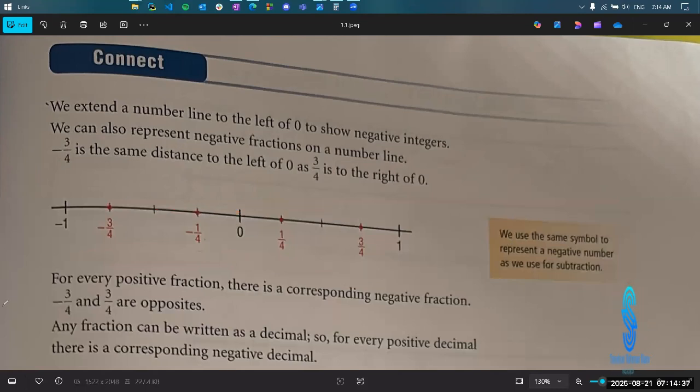And here they have said that we use the same symbol to represent a negative number as we use for subtraction. So the negative sign and the subtraction sign are the same. Just read it down from me. We use the same symbol to represent a negative number as we use for subtraction. Right or not? So we know this beforehand.